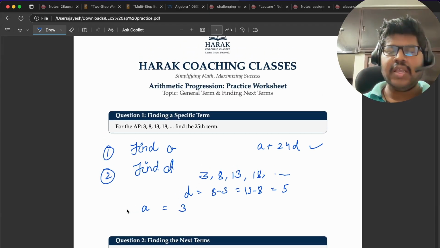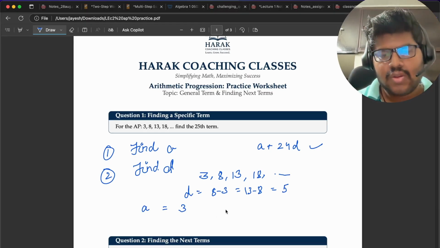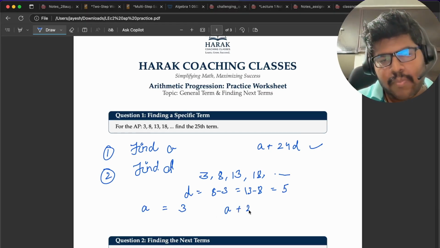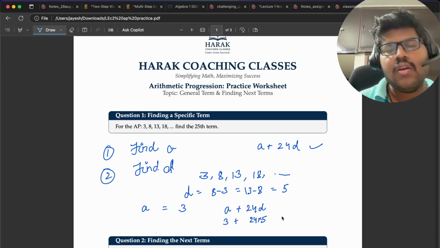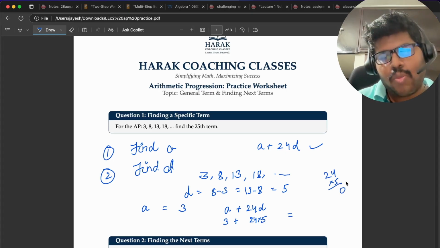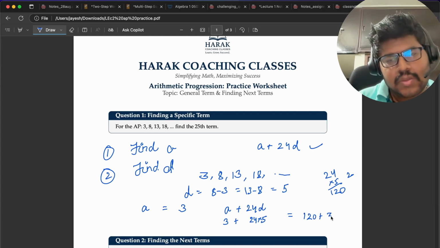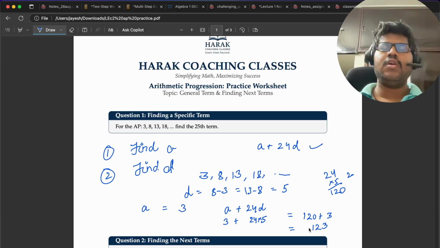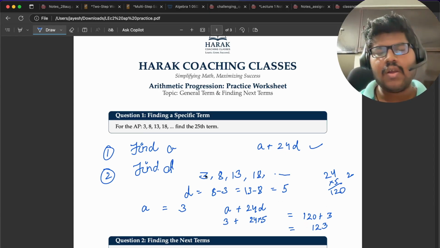So the 25th term would be A plus 24D, that means 3 plus 24 times 5. And 24 times 5 is 120, so it would be 120 plus 3, which is simply 123.